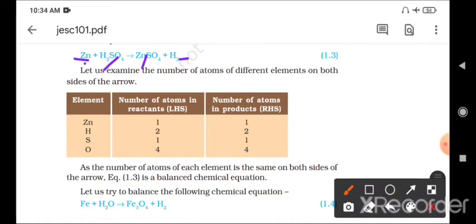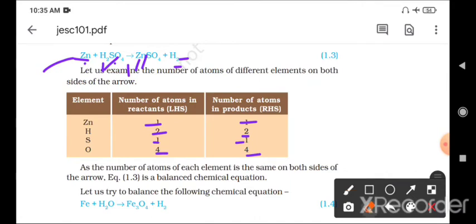Zinc is 1 on the reactant side and zinc is 1 on the product side. Next, hydrogen is 2 on the reactant side and 2 on the product side. Sulfur is 1 on the right-hand side and 1 on the left-hand side. Oxygen is 4 on both sides. As the number of atoms of each element is the same on both sides of the arrow, it is a balanced chemical equation.